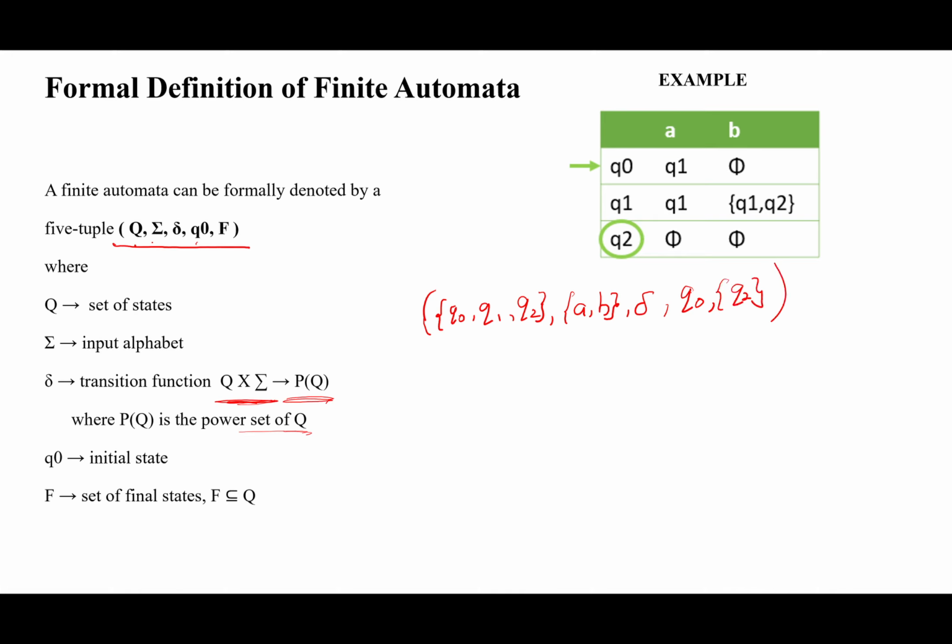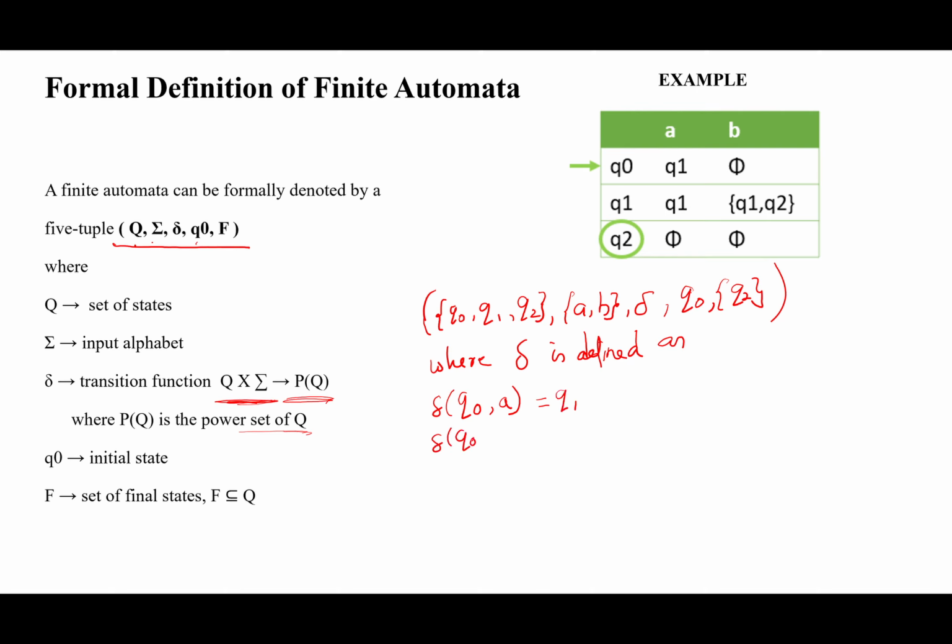Then how will we write the transition? Delta is defined as delta of Q0 comma A. What is Q0 comma A? You can write it from the table. Q0 comma A is Q1.